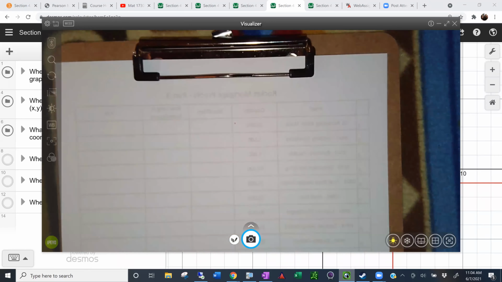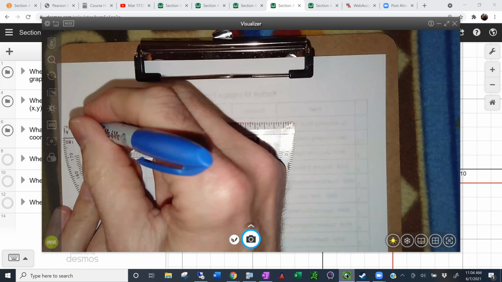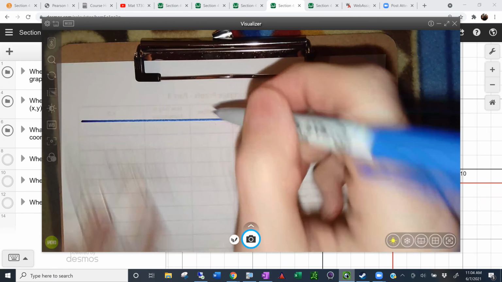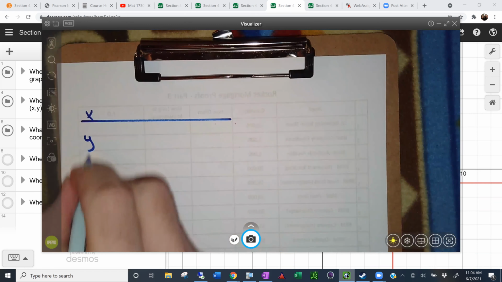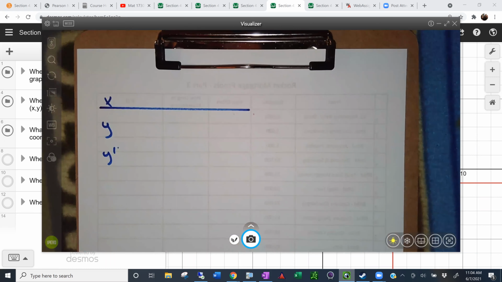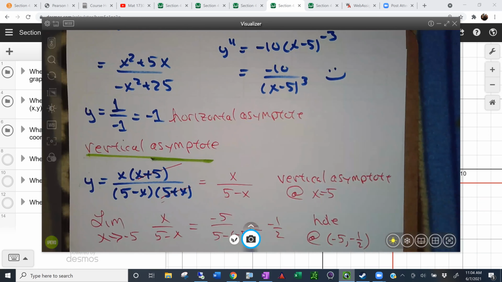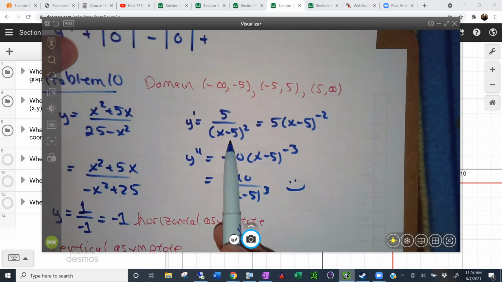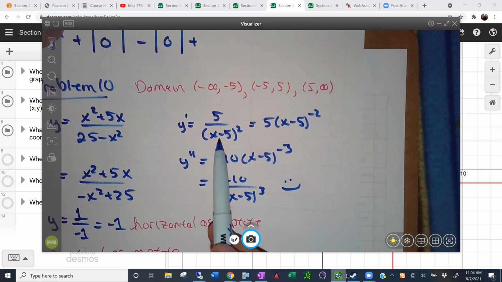But there's still points that you've got to test around. So x, y, and y prime. So there's our derivative. Could this equal 0 any place?